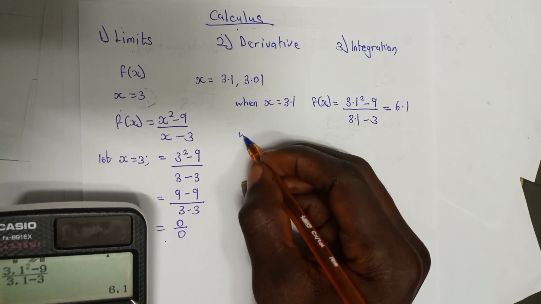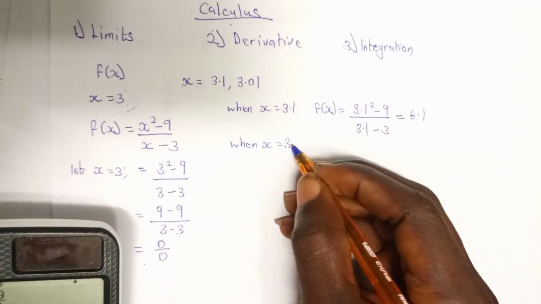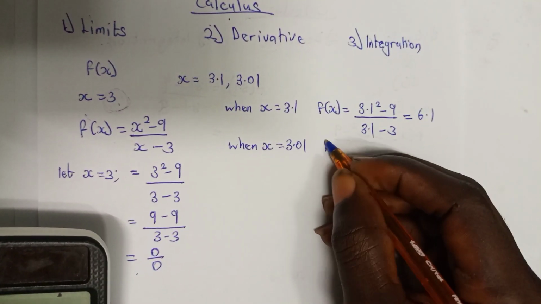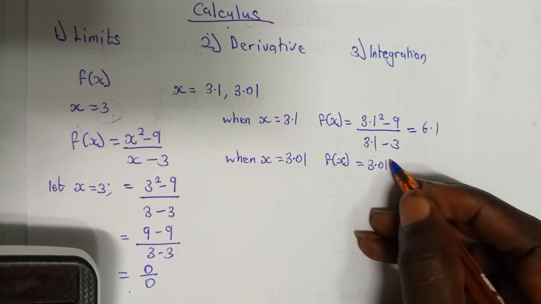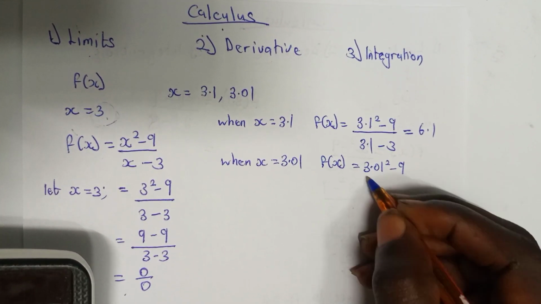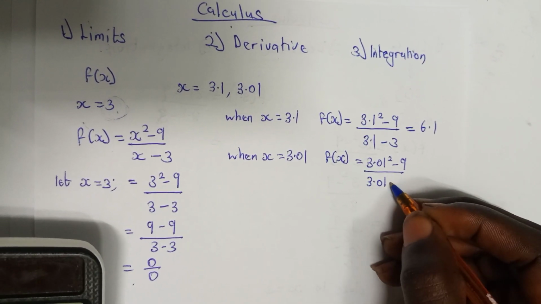When x equals 3.01, let's check f of x. f of x equals 3.01 squared minus 9, all divided by 3.01 minus 3.